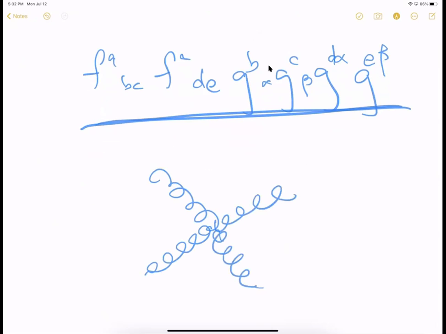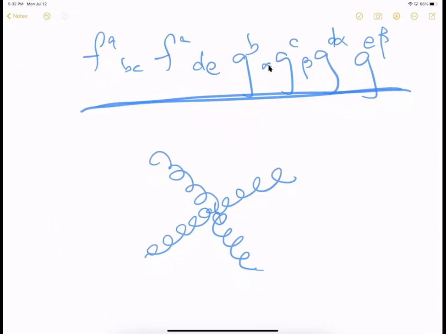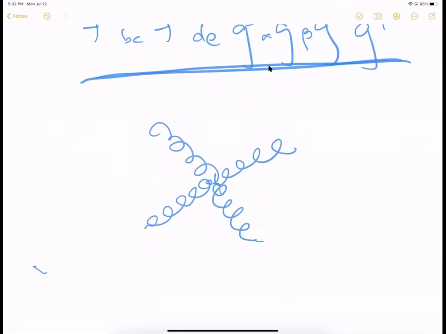And because of the symmetries, really the Lorentz symmetries, we can rotate these any way we like. So we can have 1 gluon come in and turn into 3, or we can have 2 turn into 2, or we can have 3 turn into 1.